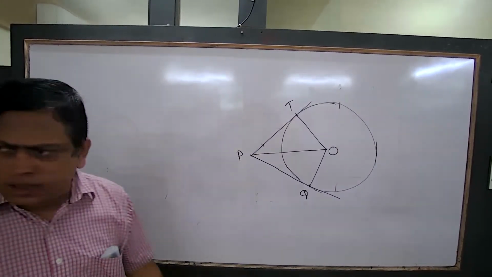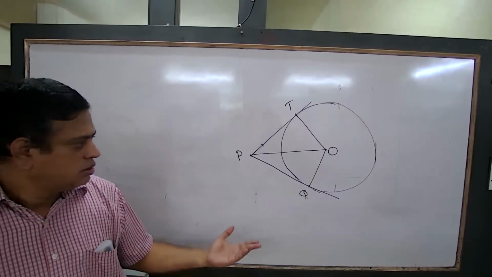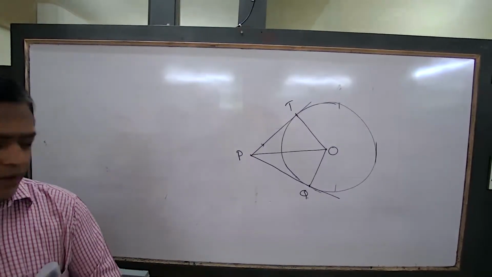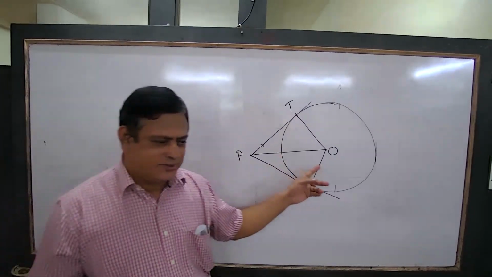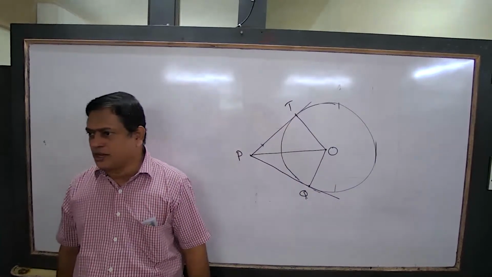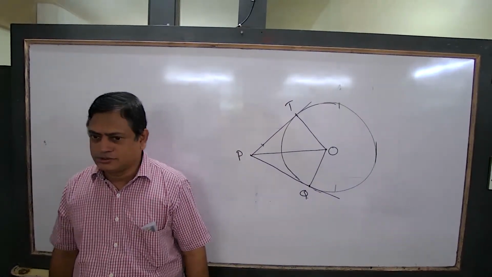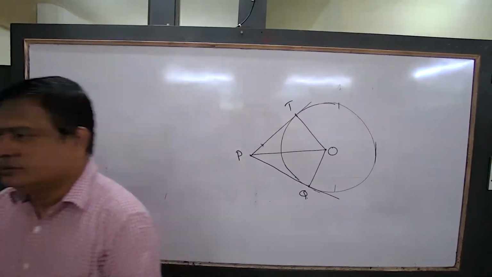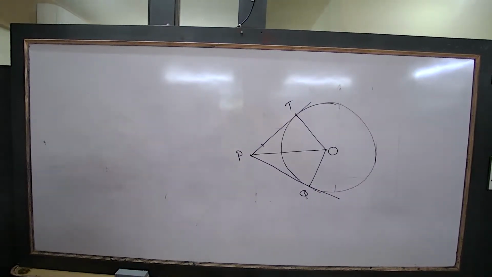Triangle OPT. So OT is equal to OQ. First tell 90 degrees.